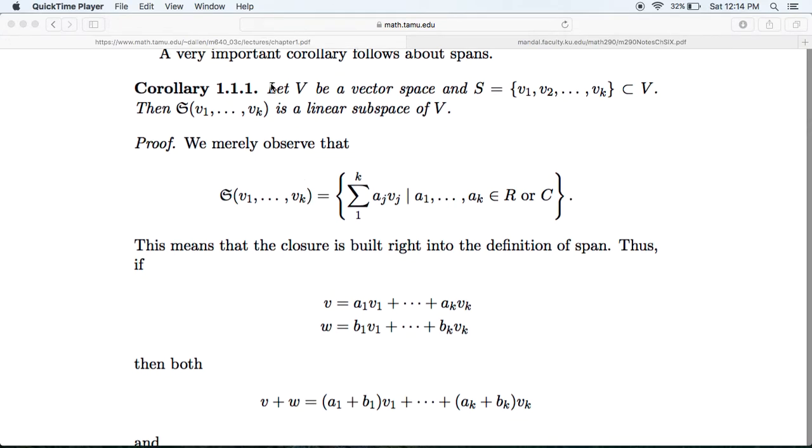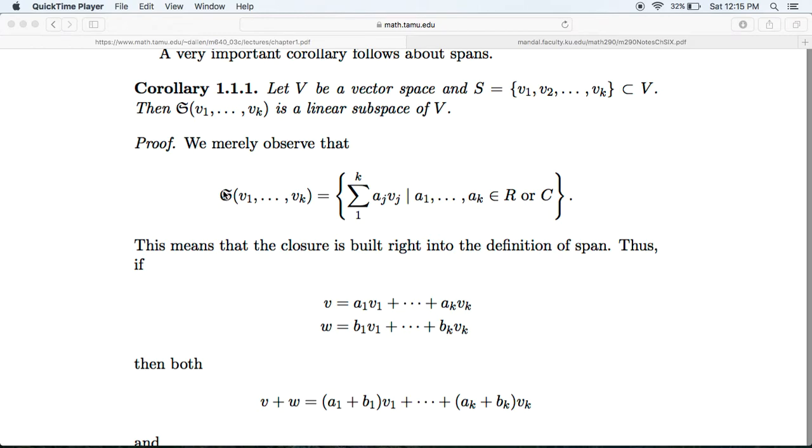This corollary also simply follows: if V is a vector space and S is written in this way, a subset of V containing k vectors, then the span of S is a linear subspace of V.